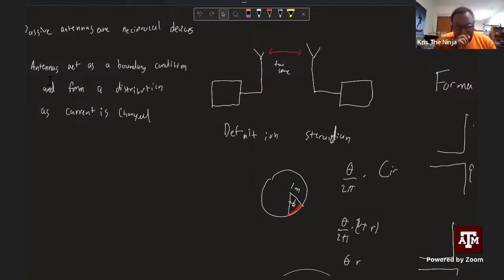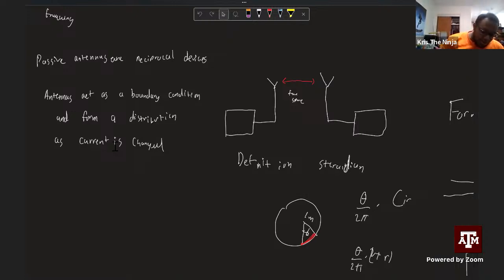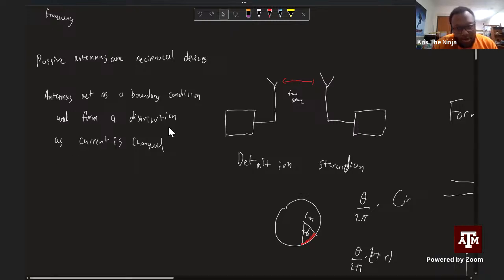Okay. Anyway, so antennas act as a boundary condition and form a distribution. I wish he taught like 20% slower so I could actually take the time to write this stuff neatly. Form a distribution. You see how much nicer it looks when I have the time to write stuff?